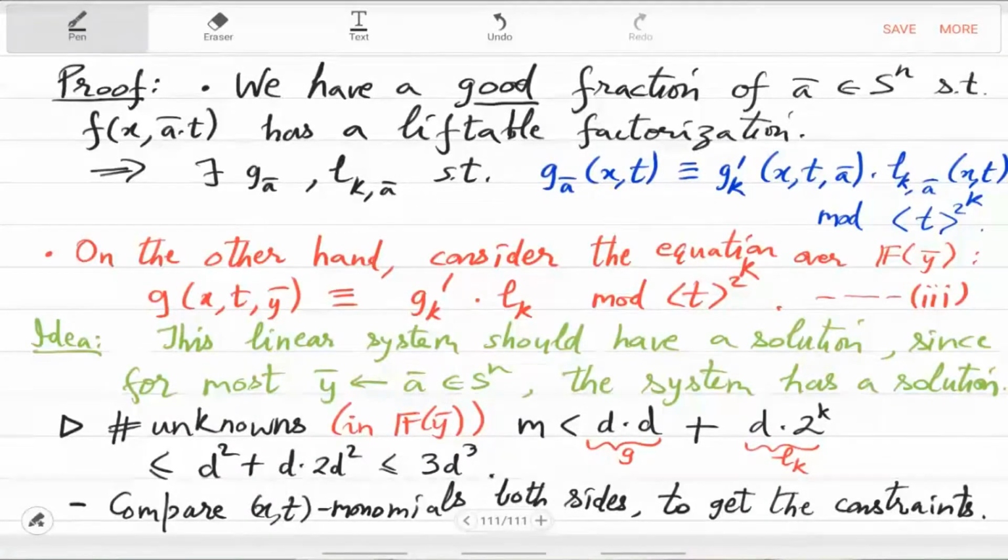But why would it have a non-zero solution? For that we will rely on the random fixing of y bar. We know that if we randomly fix y bar, then there is a solution always.